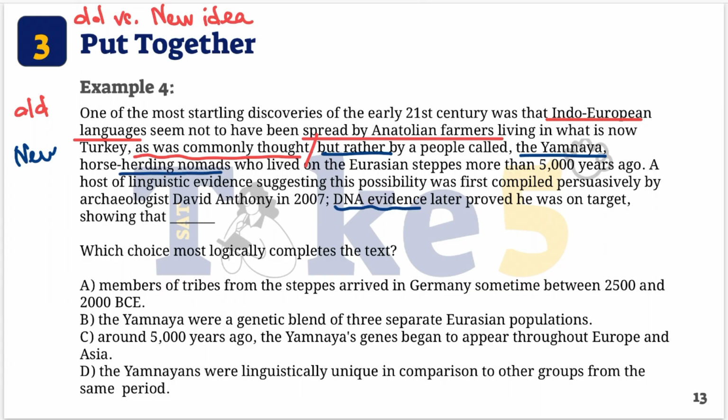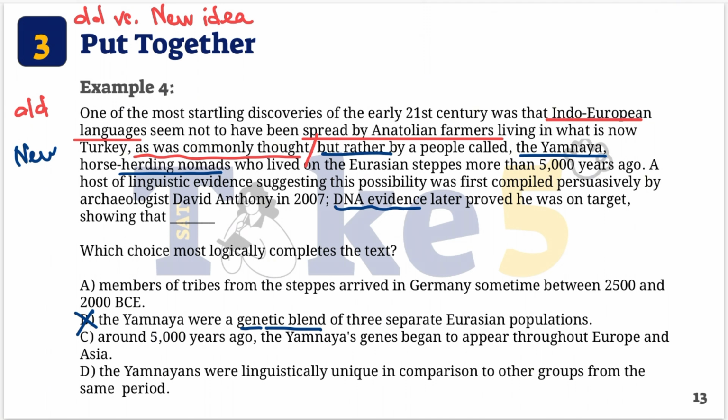The last sentence provides the DNA evidence for such new findings. First, let's do the elimination. B says that the Yamnaya were a genetic blend of 3 Eurasian populations. This is about their own genetic origins, not about them spreading the language. It doesn't support the main idea at all.